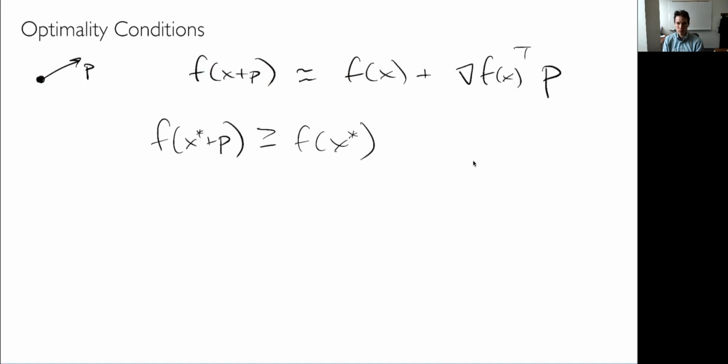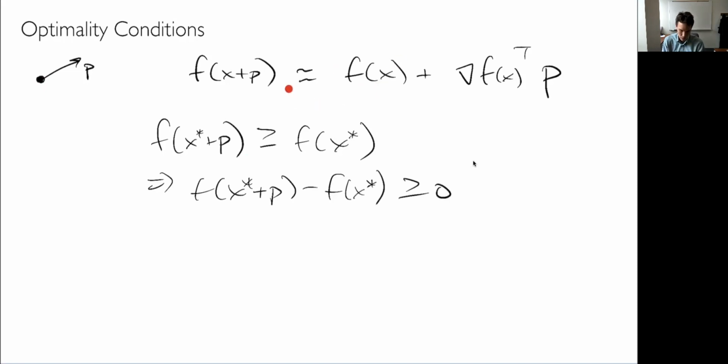Okay, so if that's true, if we look at this equation above, and I move this term over to this side, it also says that f of x star plus p minus f of x star has to be greater than or equal to 0, right? So it's saying that this term here must be greater than or equal to 0.